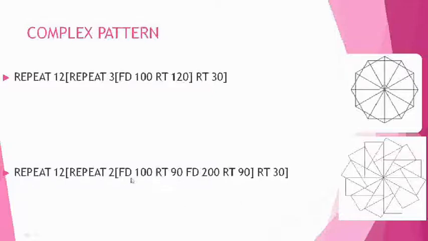We know the commands of a rectangle. If you use repeat 2, FD 100 RT 90, FD 200 RT 90, then one rectangle is made. So along with one rectangle, we are turning our turtle 30 degrees. So if we do it 12 times, that is repeat 12, what will happen? This symbol will be created.